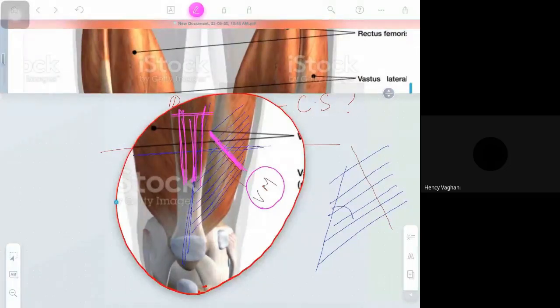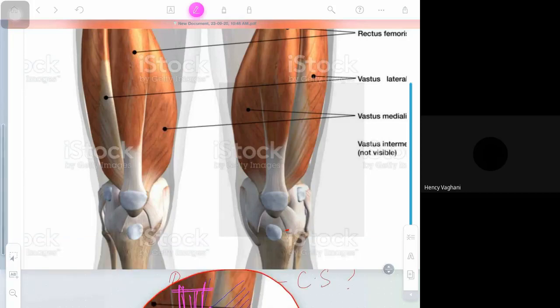Third, vastus lateralis. This is the direction of the muscle and you have to make the section perpendicular to the muscle. Clear? So what I want to say is, you will not make the section like this, because the muscle fibers are running in different directions in pinnate muscle.